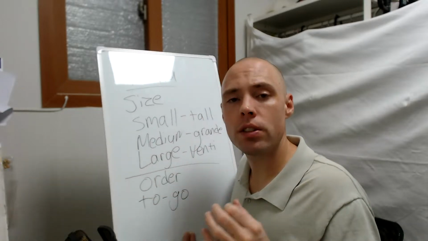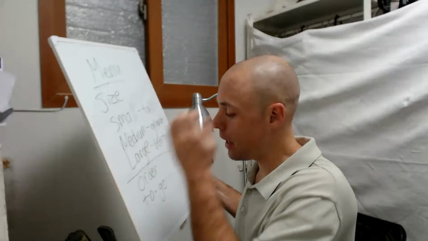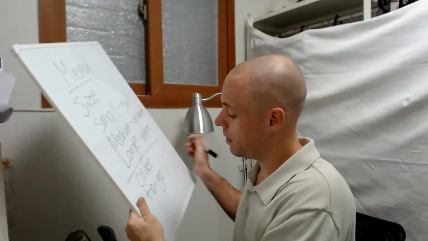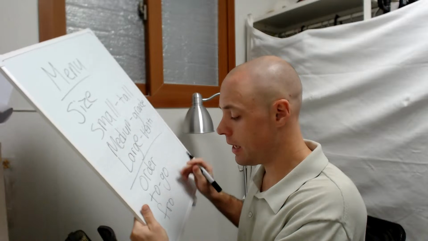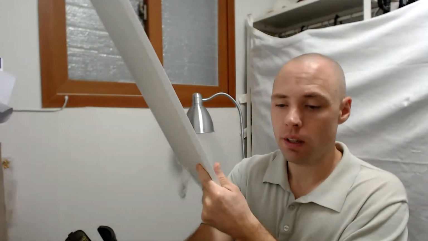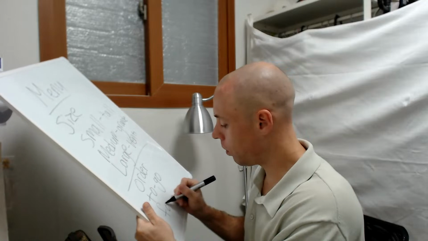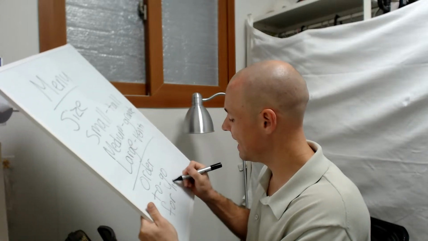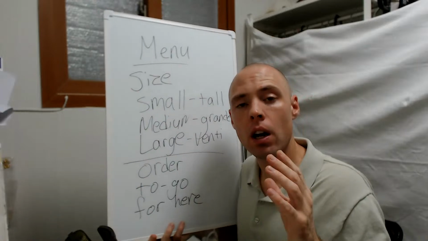That phrase is to go. And the phrase which means to drink in the cafe is, let me spell it correctly, for here. So we've got those two phrases there.